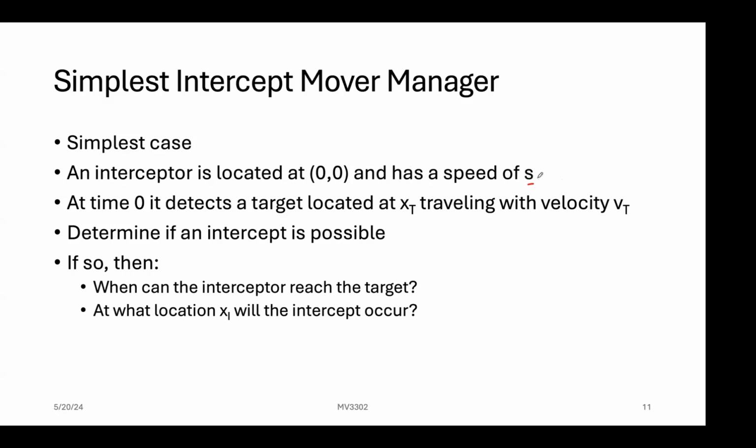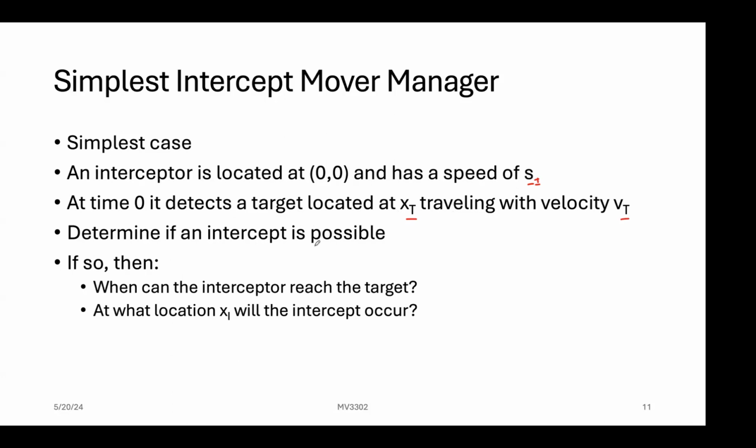I think I give it a subscript I at some point. Then at time zero, we detect a target, and the target is located at a certain place and traveling at a given velocity. So it has an equation of motion that we can utilize. And what we want to do is intercept this.